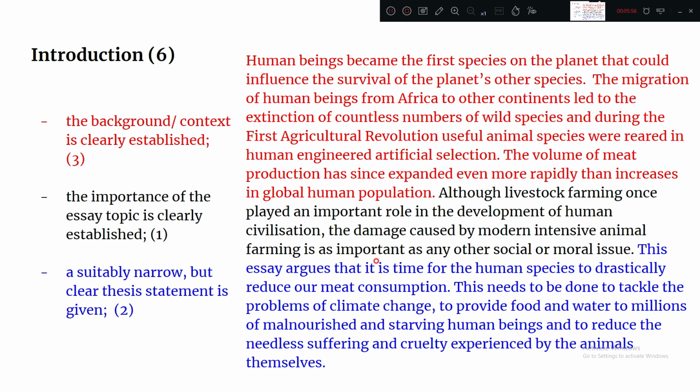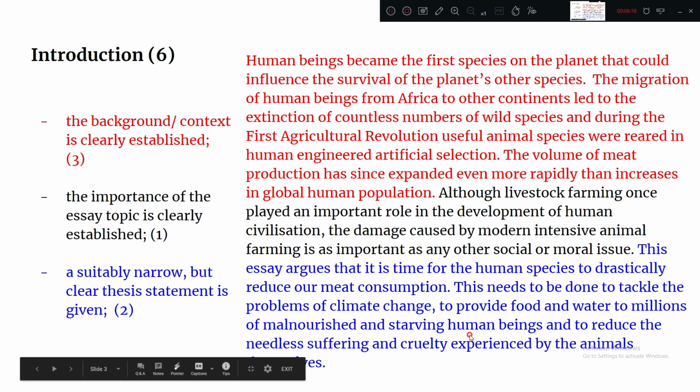It's totally unrealistic. So the second thing to remember here is that it should be realistic. Okay, so persuade your reader about why they should care about this topic, but do it in a realistic and sensible way. The final part is the thesis statement.